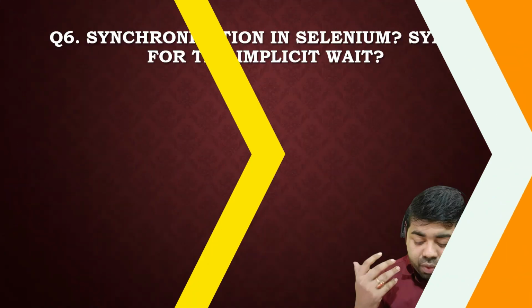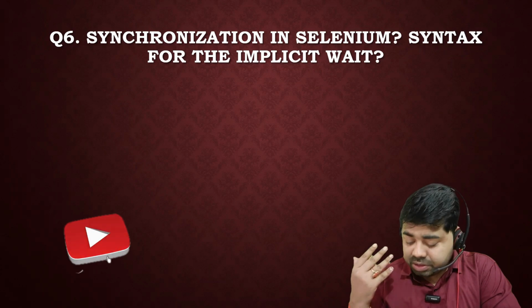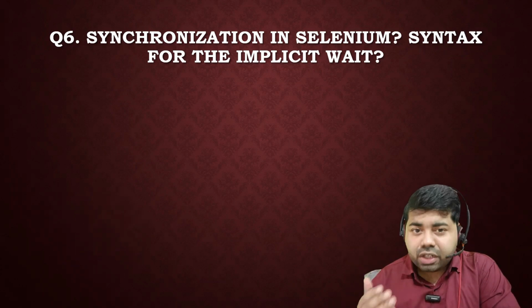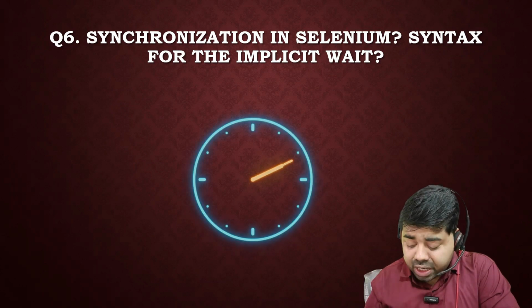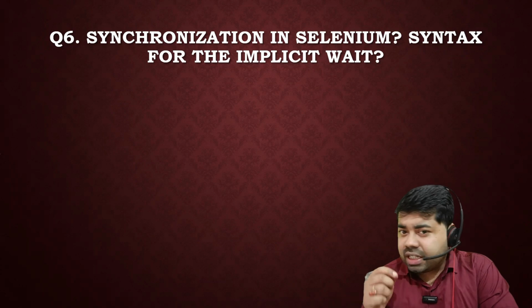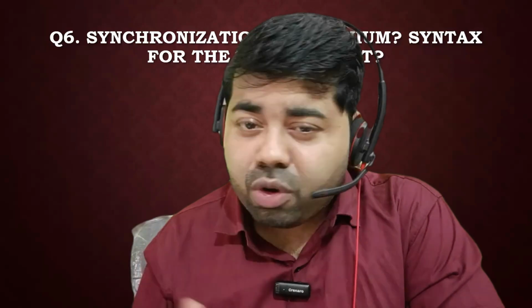For handling this, the Selenium people have given multiple wait statements. So what is the synchronization issue? Some applications, complex applications as well, take time to load the pages, right? So we have to give some wait time to wait a certain amount of time.